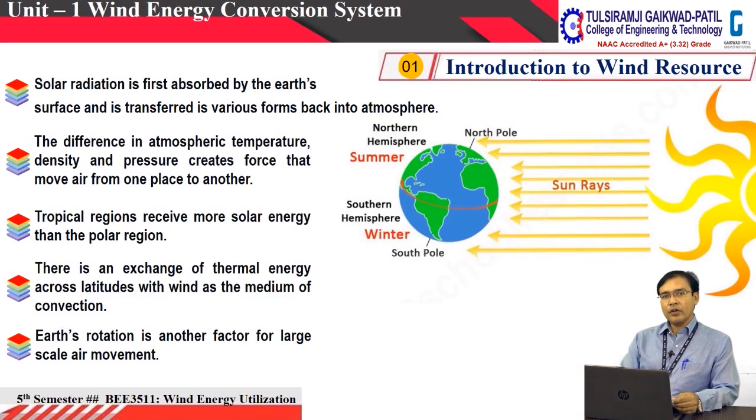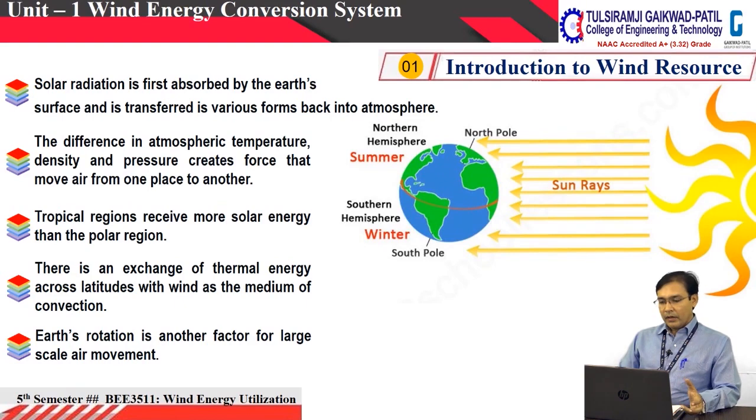What is the reason for the flow of wind? It is nothing but the uneven heating of the earth's surface. How does the earth's surface get heated, or what is the reason for the uneven heating of the earth's surface? Let us understand with the help of this diagram. In this diagram you can see that the sun rays fall on the earth's surface.